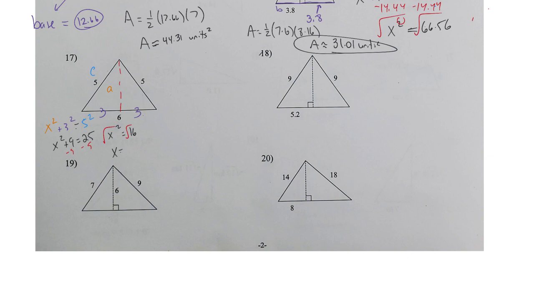So x is equal to 4. So my height is actually 4. So now my base, so I'm going to do area is equal to 1/2 the base, which is 6, times the height, which is 4. So 1/2 of 6 times 4, half of 24 is 12. And this one isn't approximate because we did not round anywhere, so it's 12 square units.